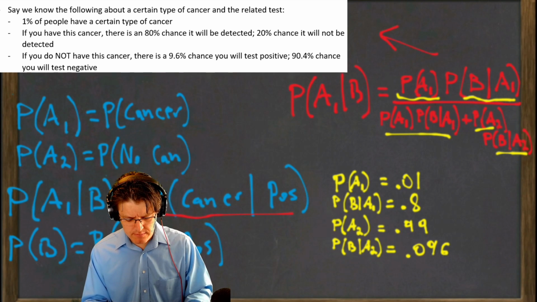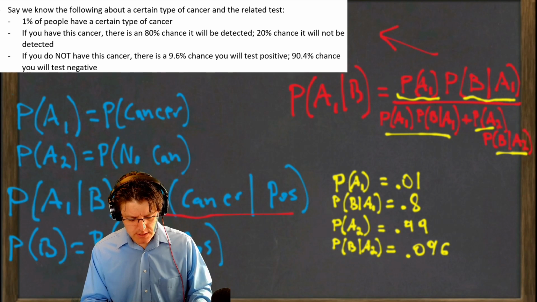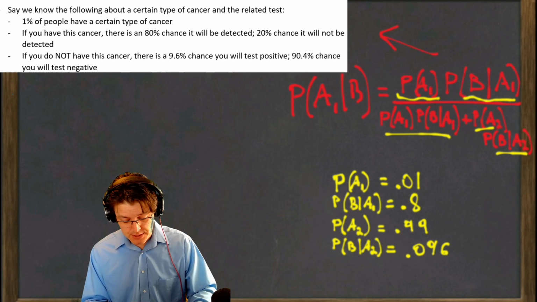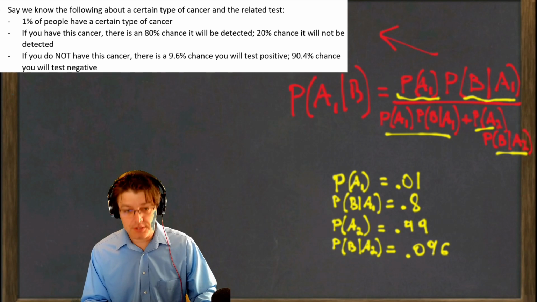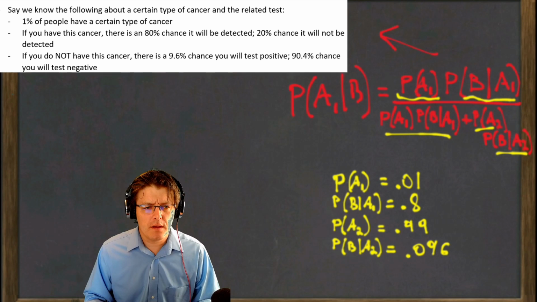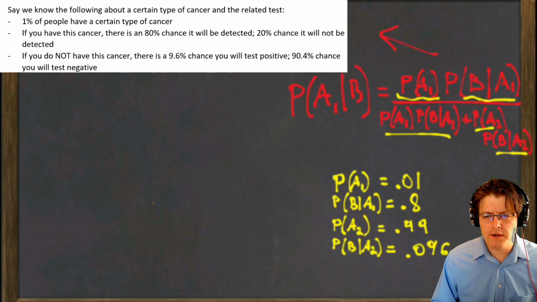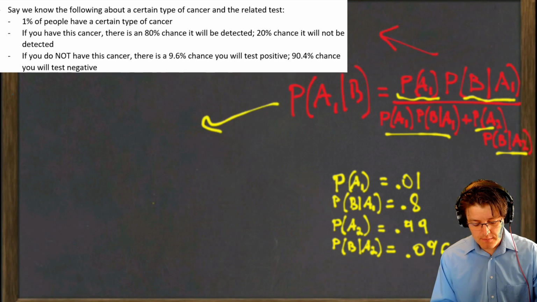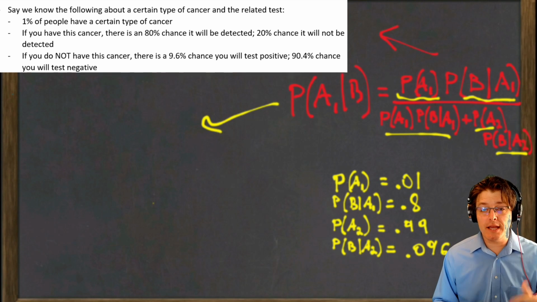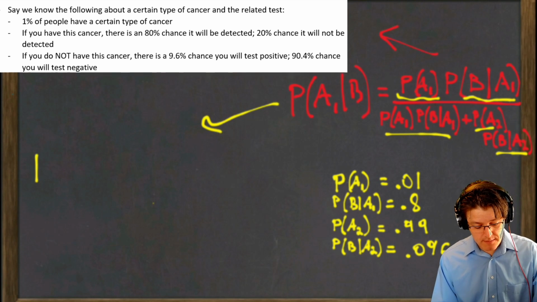I want to have some space here is what I really want. So let's just get rid of that, and we'll just do that in this window here. Okay, I'm going to come on over here. All right, so let's rework this formula, plugging in what we know.